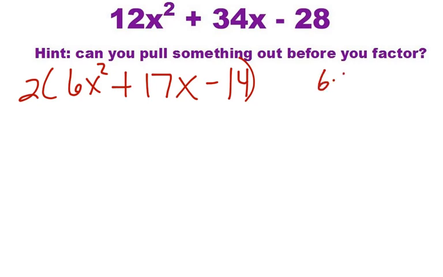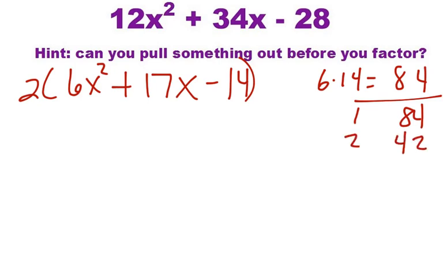Find the factors of 6 times 14, which is 84: 1 and 84, 2 and 42, 3 and 28, 4 and 21, 6 and 14, 7 and 12.